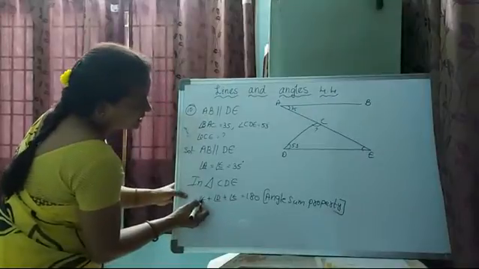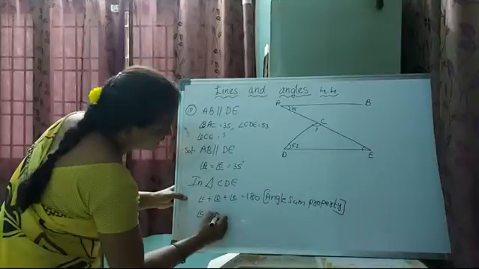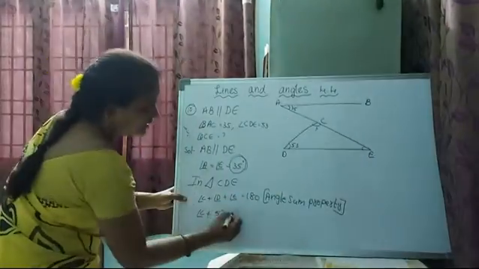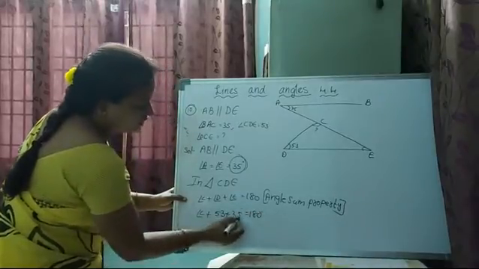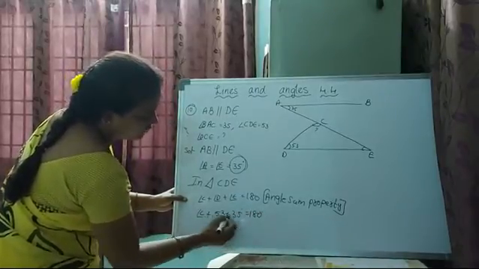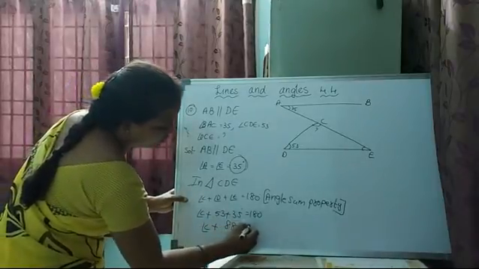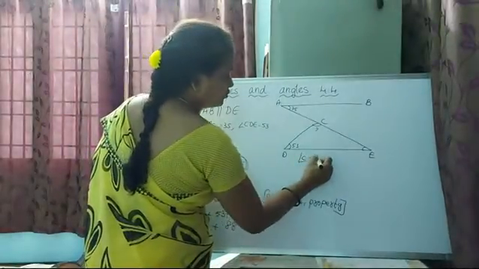So angle C is what we don't know. Angle D we knew is 53, plus angle E is 35 degrees, equals 180. So 53 plus 35 is 88. Angle C plus 88 degrees is equal to 180.